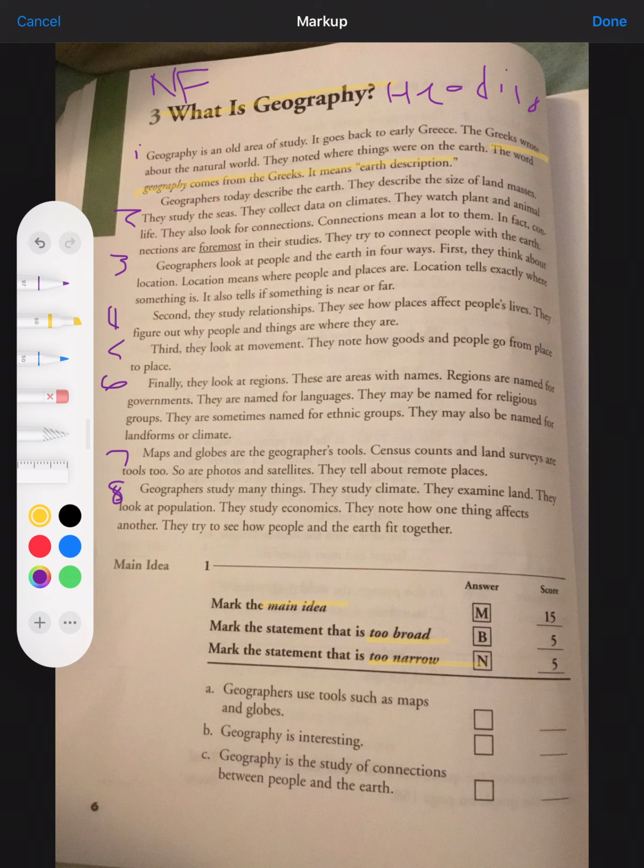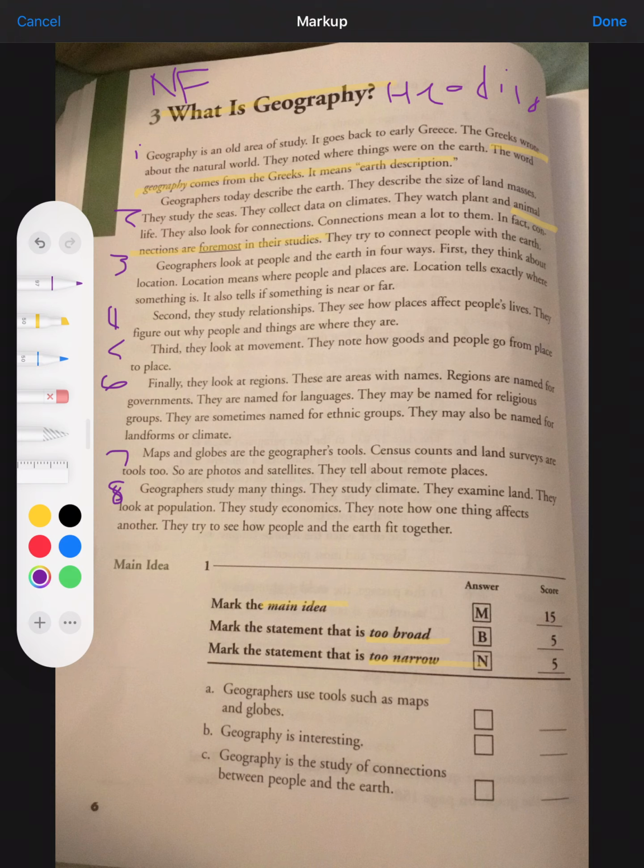Geographers today describe the earth. They describe the size of land masses. They study the seas. They collect data on climates. They watch plant and animal life. They also look for connections. Connections mean a lot to them. In fact, connections are foremost in their studies. And I do believe foremost is in your questions.